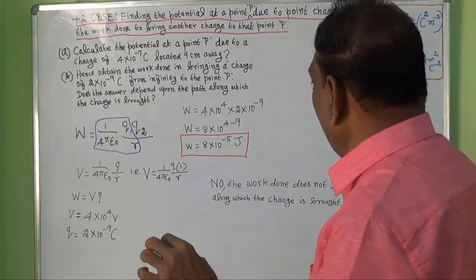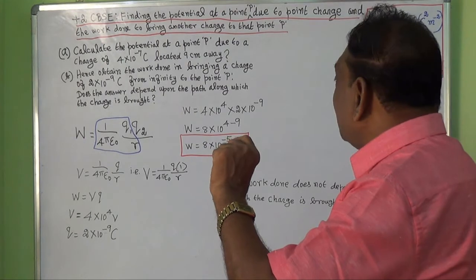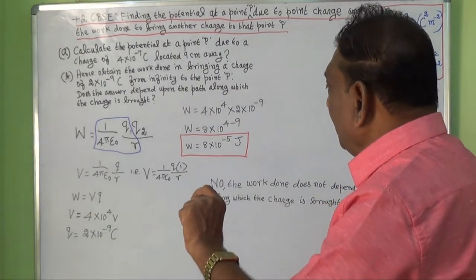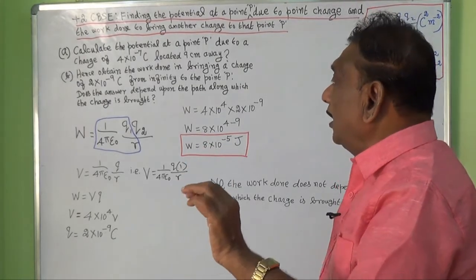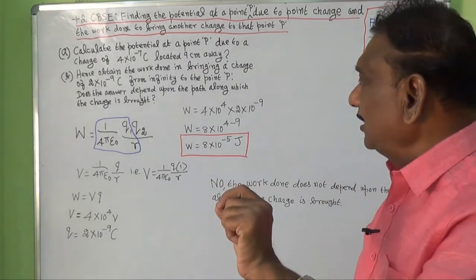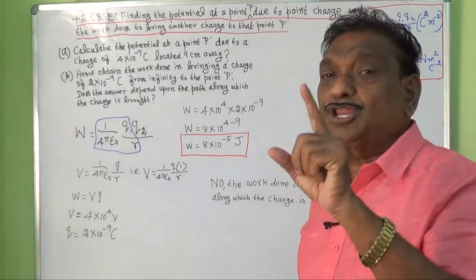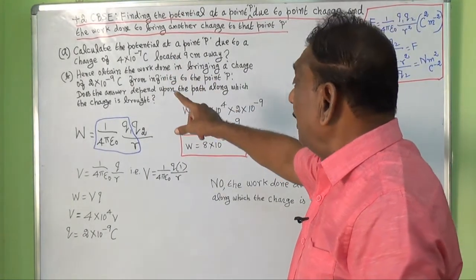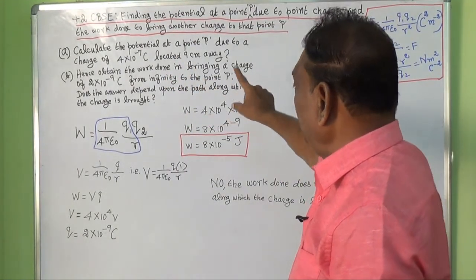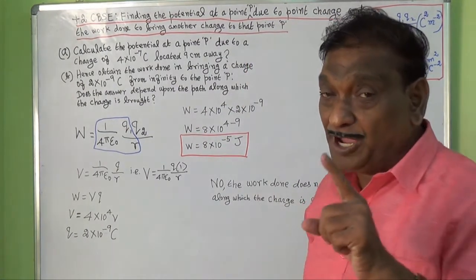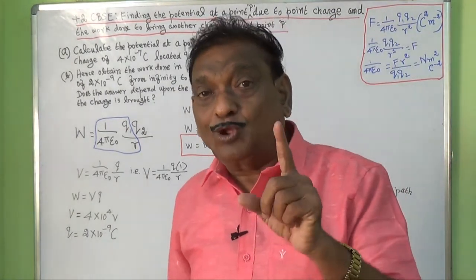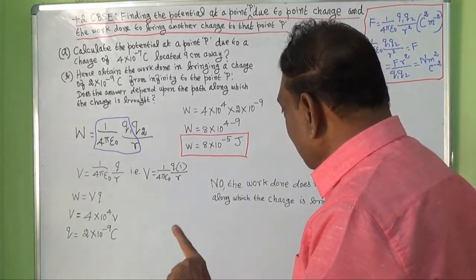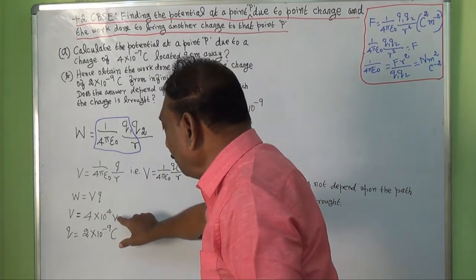Now we come to the second sum, that is B. In B, they are asking how much work is to be done to bring a charge of 2 into 10 to the power of minus 9 coulomb from infinity to the point P. At the point P, we have calculated the potential, that is V, as 4 into 10 to the power of 4 volt.